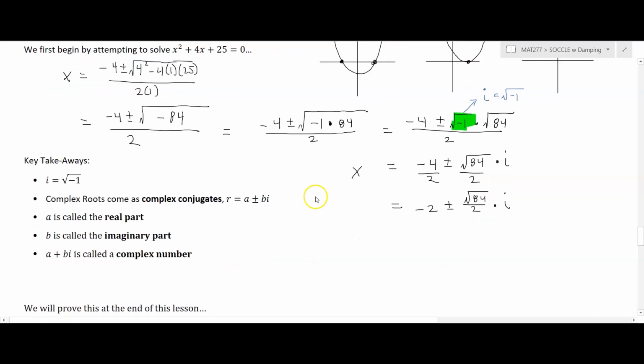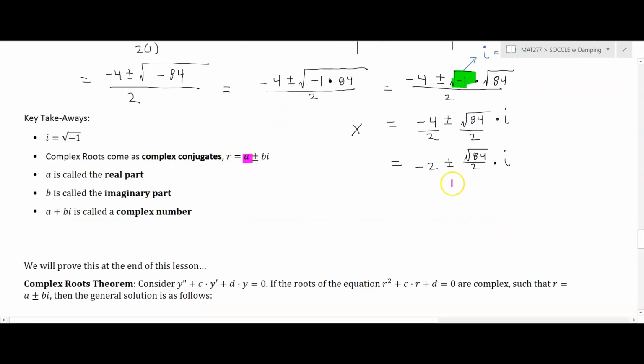First of all, anytime we have complex roots, both of our roots are going to be of the form a plus or minus bi. So here our a is negative 2, and our b is the square root of 84 over 2.